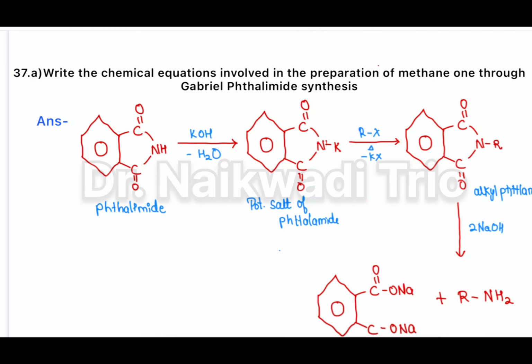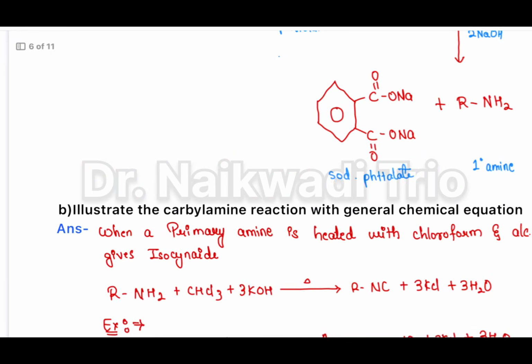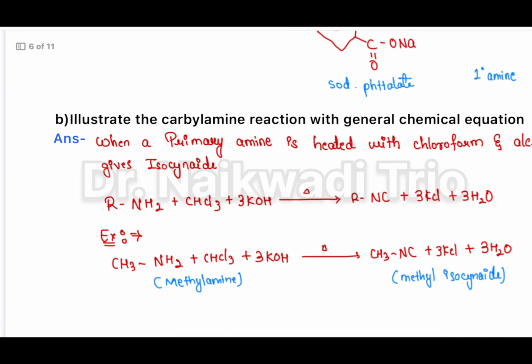Now question 37: write the equation involved in the preparation of methylamine through Gabriel phthalimide synthesis. Now you only have to mention the equation. The final products you are going to get are sodium phthalate and the primary amine. Now the B question is you have to illustrate the carbylamine reaction with the general chemical equation.